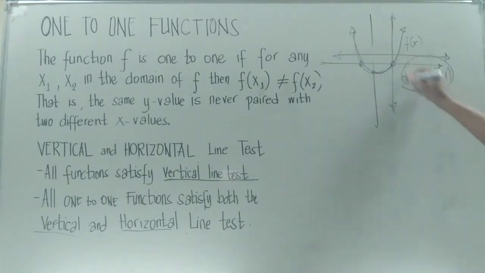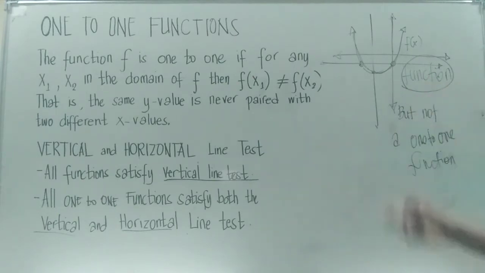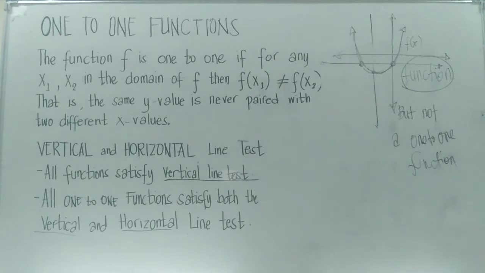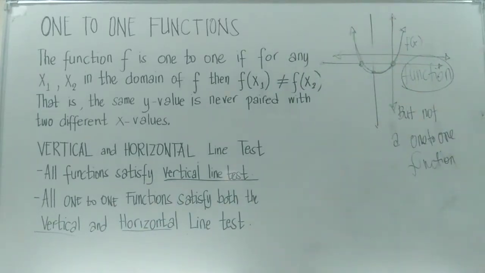So this is a function but not a one-to-one function. Very easy when identifying a one-to-one function on a graph. We will be using the vertical and horizontal line tests. If the graph of your function satisfies both, then we can say that the function is a one-to-one function.